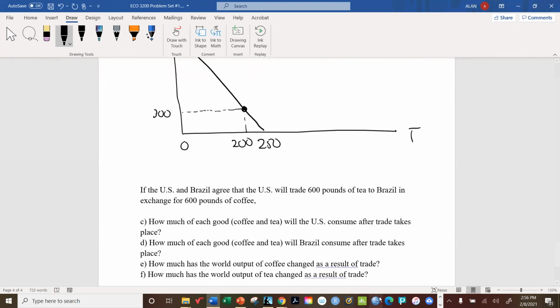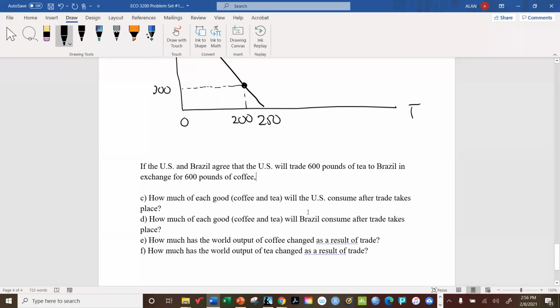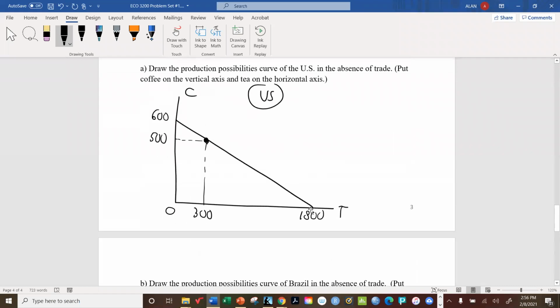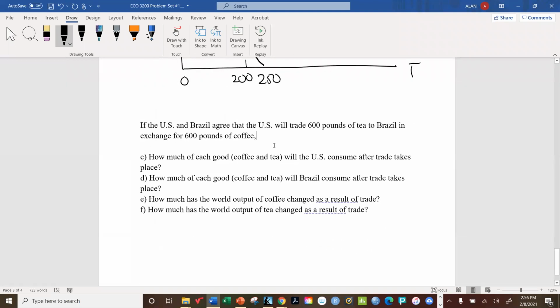Now, each decides that it would make sense to specialize, and this is how much we're going to trade with each other. So in the case of the US, this is what you have to visualize. The US is pretty good at making tea. So what they're going to do is move down this curve. In fact, let me copy this so we can draw on it again without messing it up.